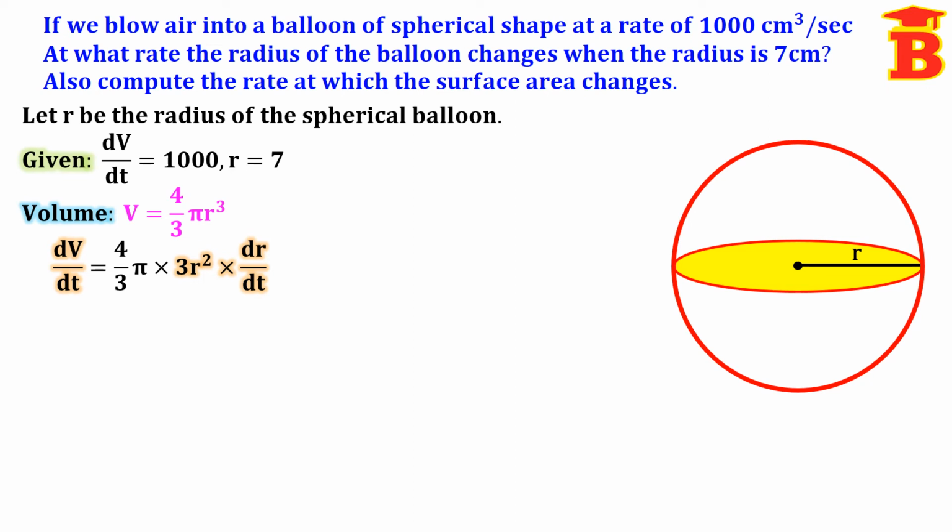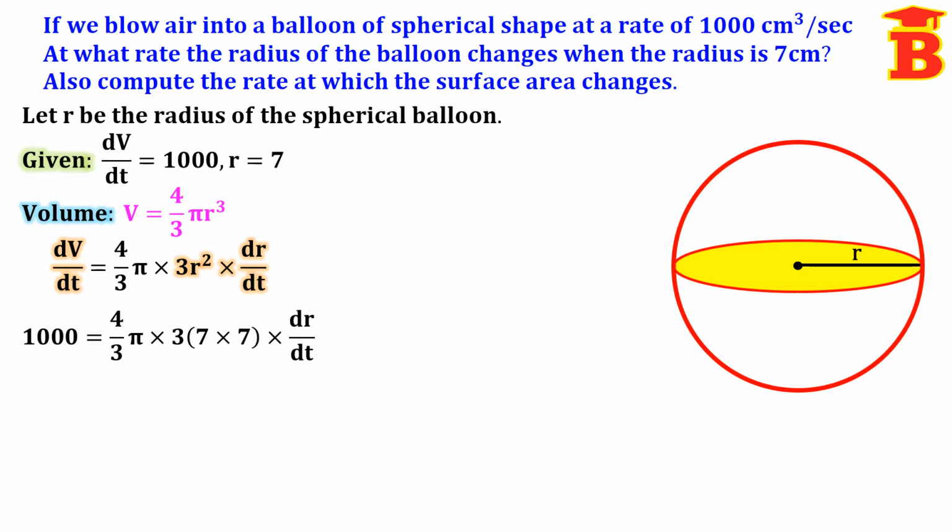Now substitute all the given values. Left side for this dV by dt we can substitute 1000 equal to 4 by 3 pi into 3 into r square. R value is 7. R square means 7 into 7 into dr by dt. Now simplify and find the value of dr by dt.